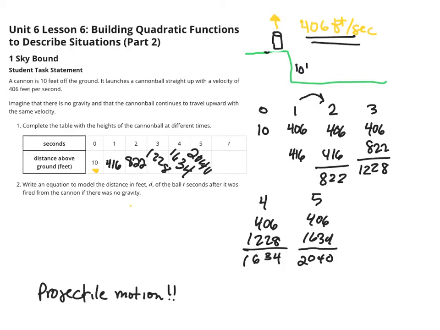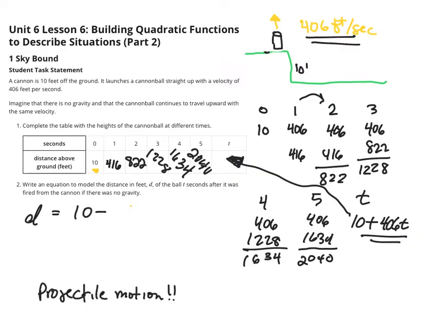What's great about doing these tables is it's a great way to build the equation little by little. I can see my pattern. So I'm starting out with 10 feet and I'm adding 406 times t, right? So we have an equation, d equals 10 plus 406 times t.